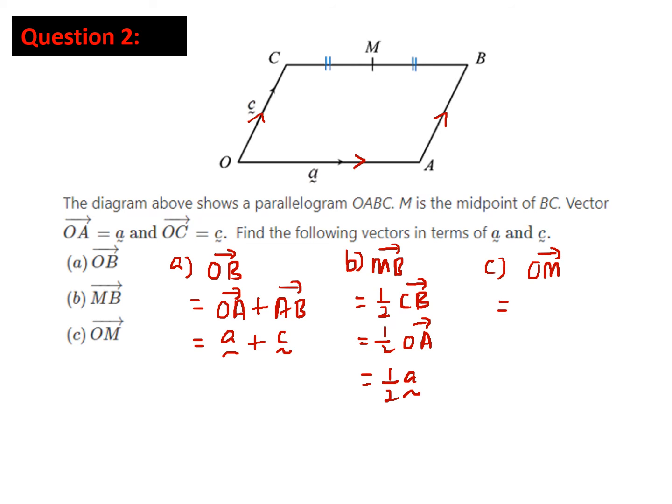By using the triangle law, vector OM is equal to vector OC plus vector CM. That is, OC is vector C, and CM is equal to vector MB, which is also 1 over 2 A.